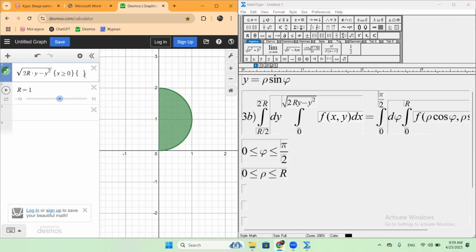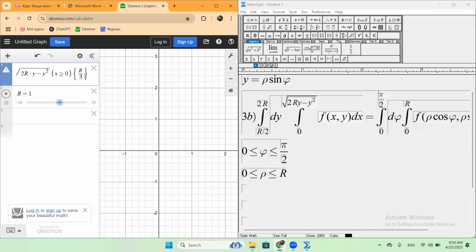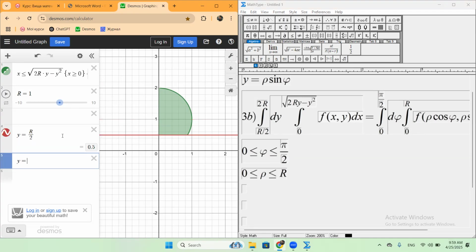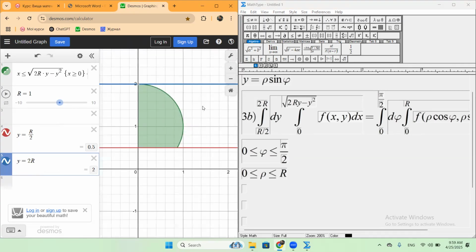Then what about y? We know that y has values from r over 2 to r, so between these values. So actually we can also plot these straight lines. So we can see how it changes.